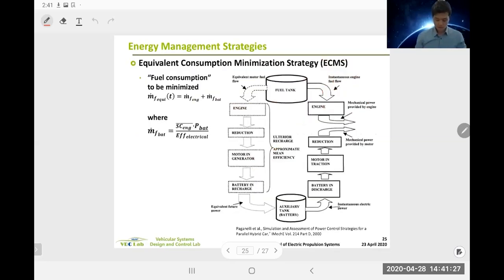Okay, so now let's go to 25. Now this is the new fuel consumption, or equivalent fuel consumption, which consists of the true fuel consumption plus the battery fuel cost. This conceptually makes sense, right?